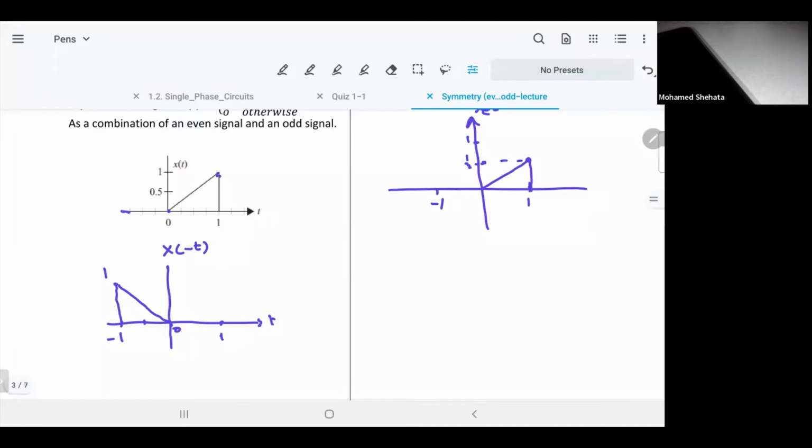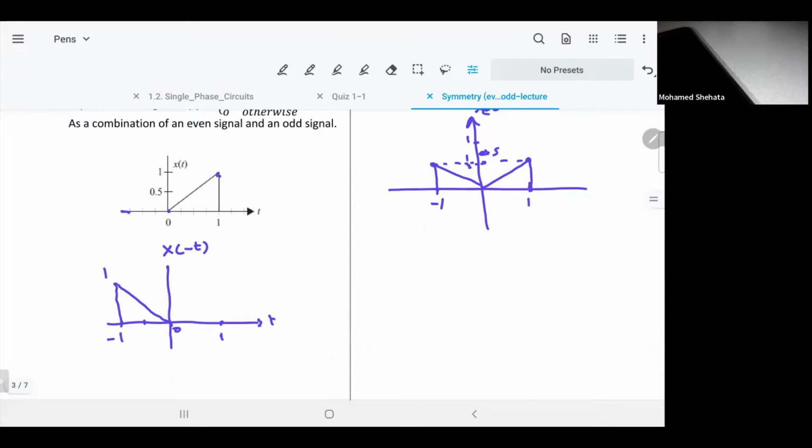Divide by 2, half. That's half. That's the function. It kind of makes sense.